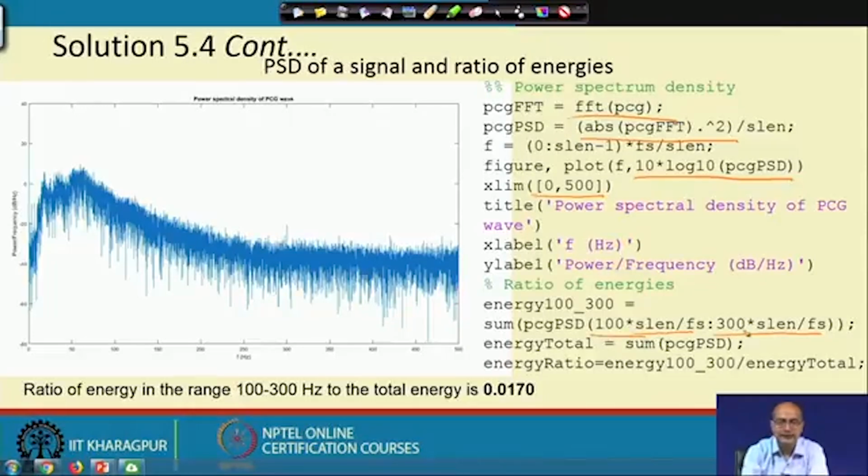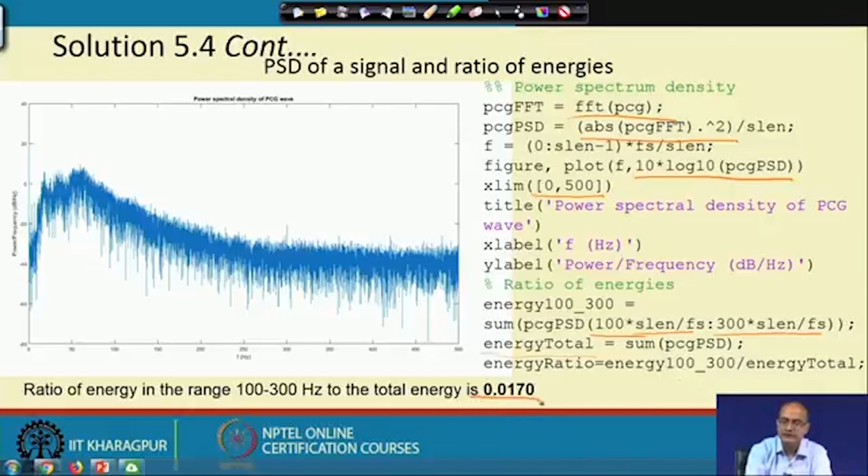Within this range, we simply sum up the energy, and with that we also calculate the total energy. So, we can take the ratio of the two.